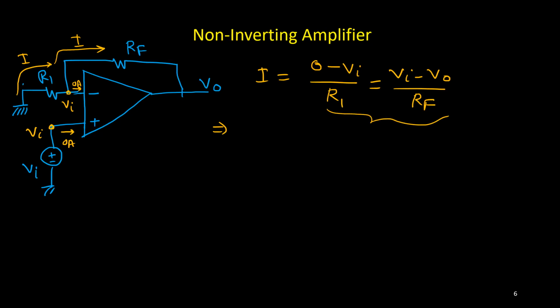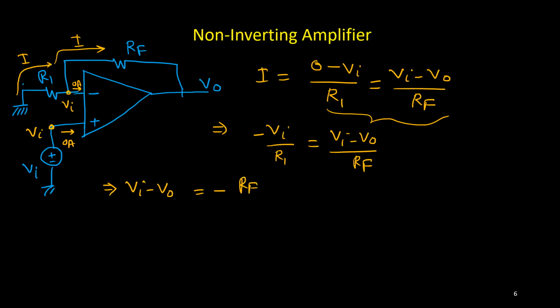So minus Vi by R1 equals Vi minus V0 by RF. So you can write Vi minus V0, this one I'll keep, and RF is multiplied here, so then you will get minus RF upon R1 into Vi.